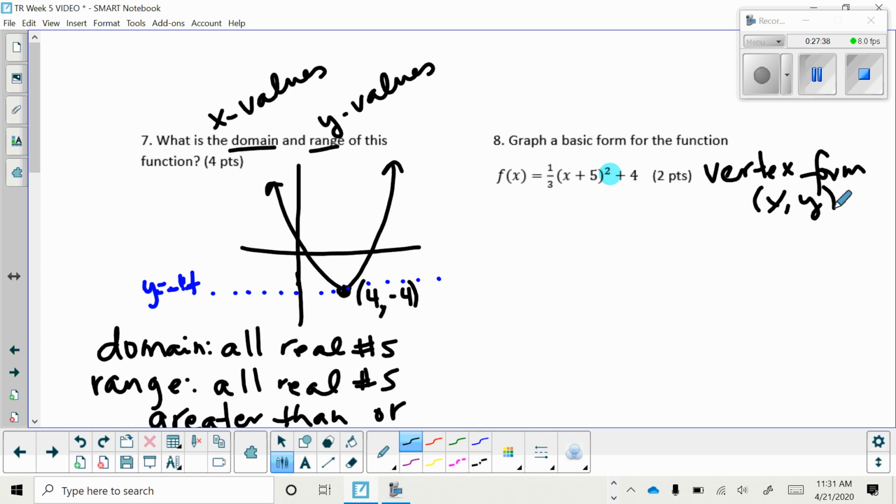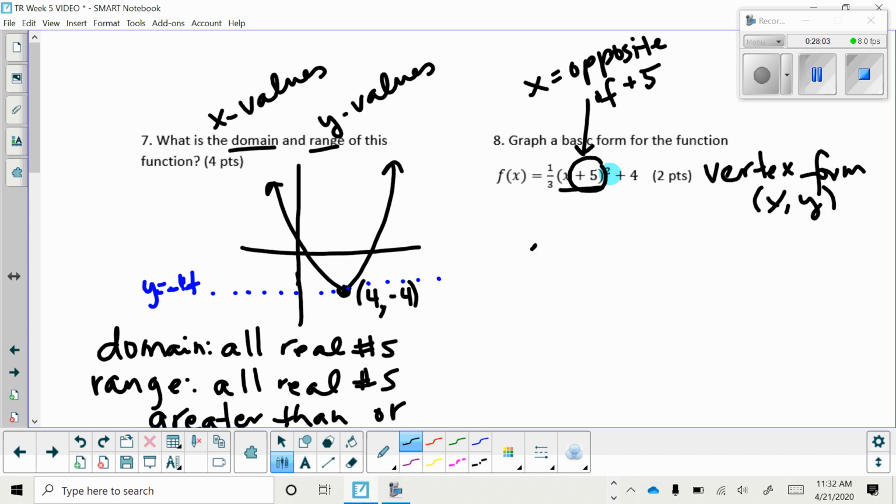Don't forget about insiders lie. When you see things in parentheses, the x plus 5, you can use this part to find the x for your vertex, but insiders lie. So you need to take the opposite sign. X equals opposite of +5.